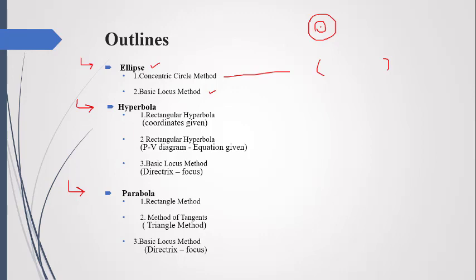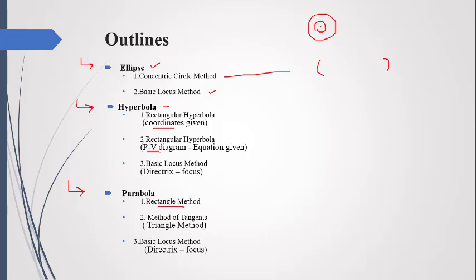The second topic of our lecture will be hyperbola. We will construct a hyperbola by using the coordinate system, the second one we will use the pressure volume diagram system, and the third one will be the basic locus method, that is, the directrix focus method. On the other hand, we will also construct a parabola, which is from the conic sections.